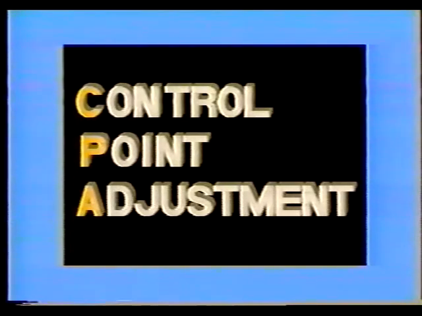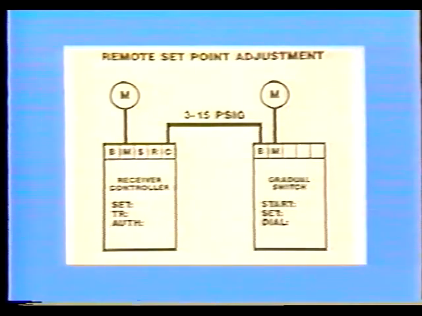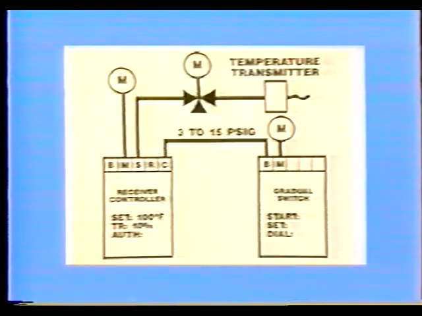Receiver controllers also provide the option of selecting models with remote set point adjustment or control point adjustment, sometimes called CPA. This provides the ability to remotely adjust the set point of the receiver controller by varying a 3 to 15 psig input signal with a device such as a gradual switch or pressure regulator. This adjustment is generally limited to a percentage of the primary input transmitter span and may amount to an adjustment of 20 to 30% of the primary transmitter range, depending upon the receiver controller used.